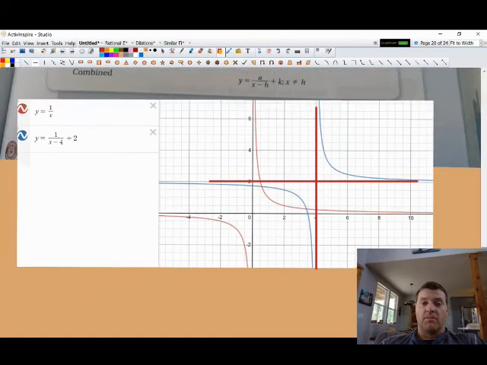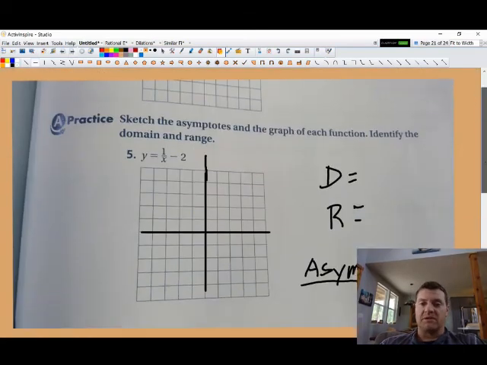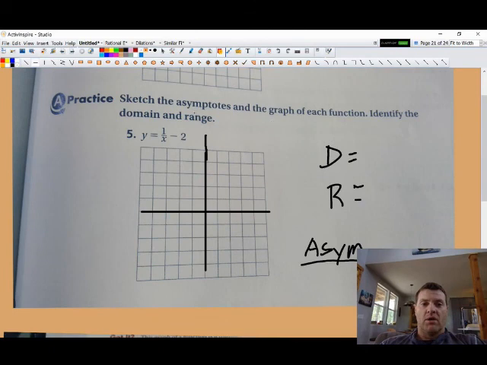Okay, so now we are going to do our last problem, which is going to be right here. You'll see this in your book. All they want us to do is sketch this, sketch the asymptotes, graph each of the functions, identify the domain and range. Okay, so they want us to sketch the asymptotes. So here's what.